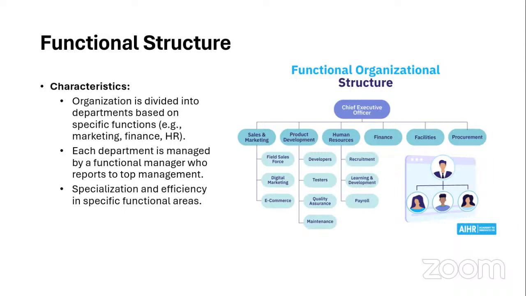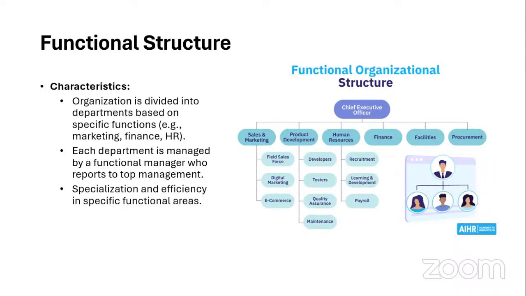Basically you see the major functions as marketing and sales, finance, production, HR, and things like that. Each department is managed by a functional manager who reports to a top manager. So you see finance and accounts manager, HR manager, production manager, marketing and sales manager, and several others in that regard.